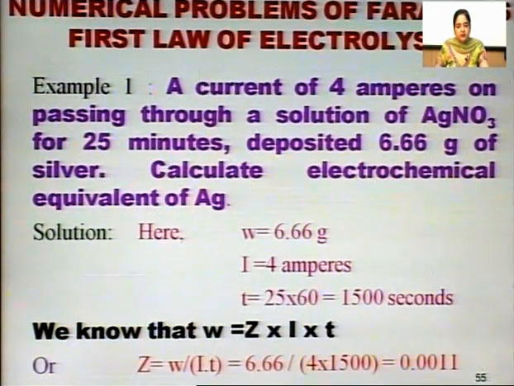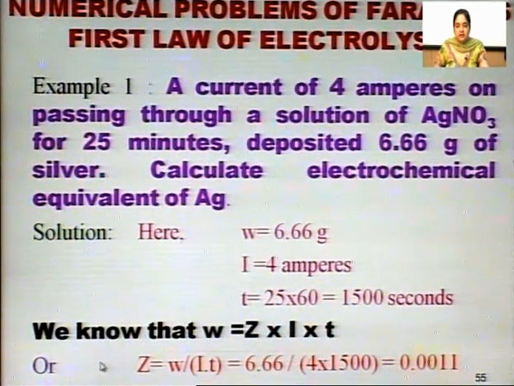Now put the values. So Z is equal to W over I into T, equal to 6.66 over 4 into 1500, equal to 0.0011.